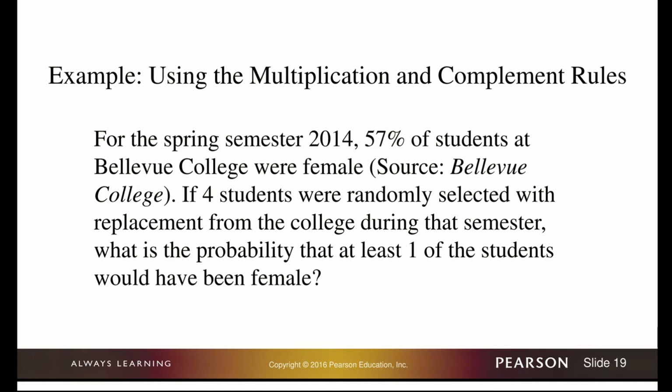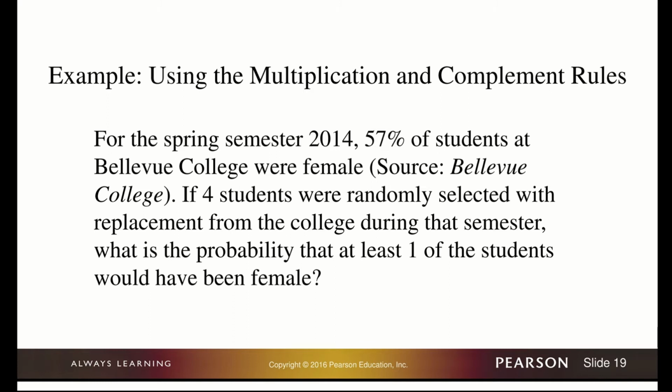So basically, remember that the probability of at least one student being female is the complement of what? What would the complement of that statement be? If you don't have at least one student that's female, that means the probability of no students being female, right? Which is the same as saying, what's the probability that all 4 of them are male, right?